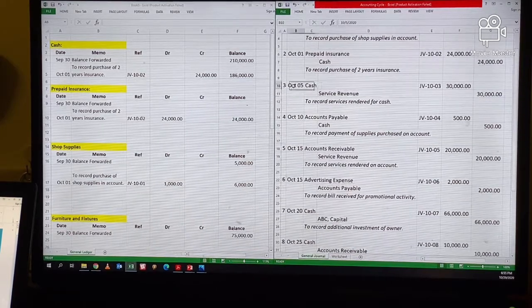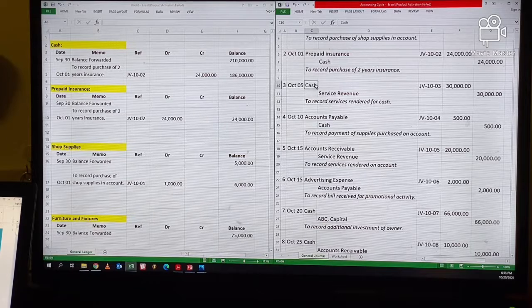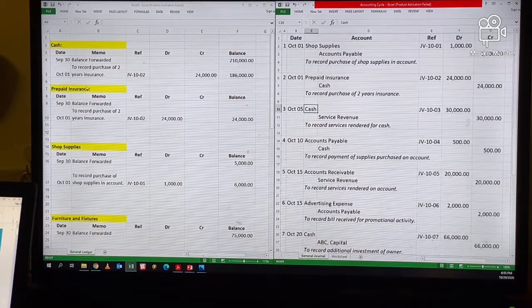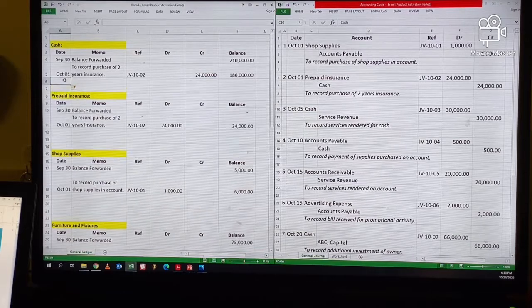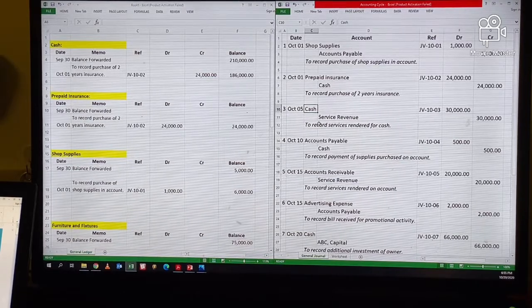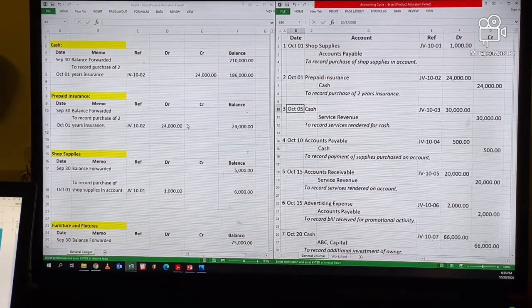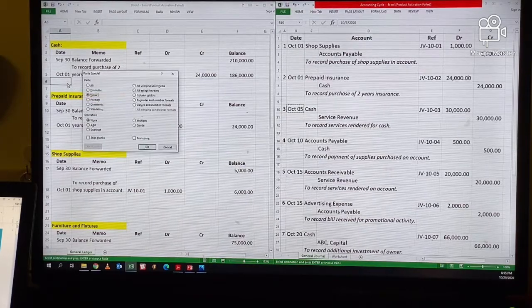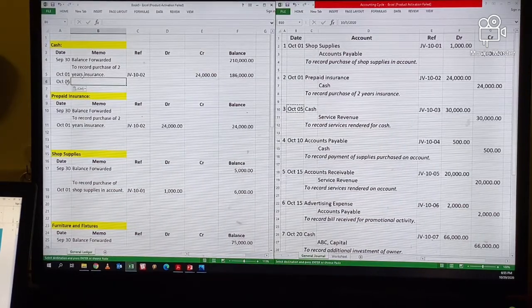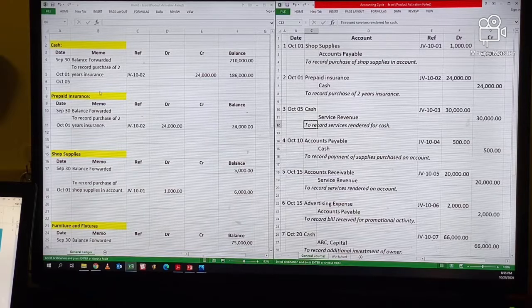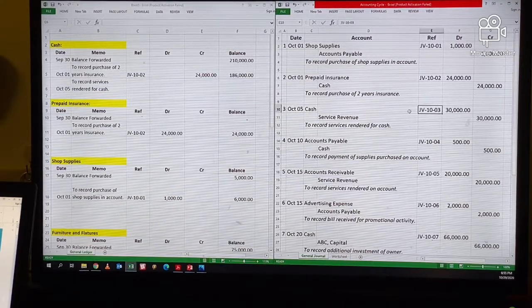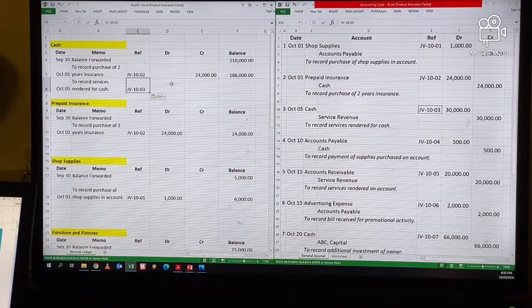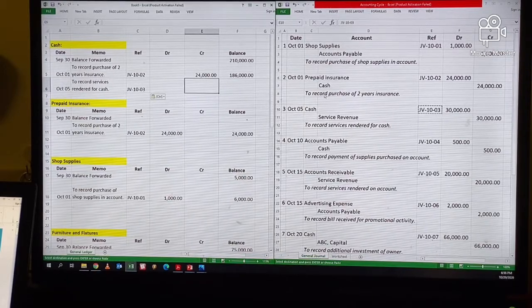Now, let's proceed to transaction number 3. It's cash again, so go to the third line. Then copy the date. Isn't it easy? That's all it is, you just transfer everything.